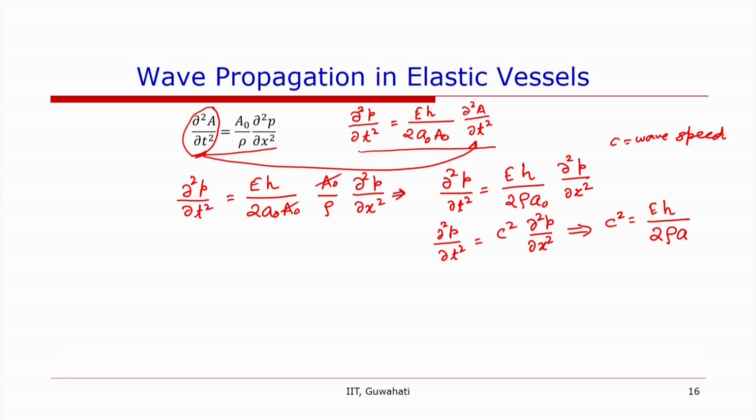So the speed of the pulse propagation is square root of EH over 2 rho A naught.